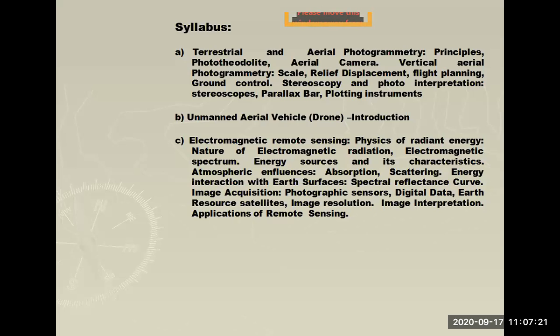The remote sensing technique is the method we use for surveying, in which we do the survey without physical contact to the ground.